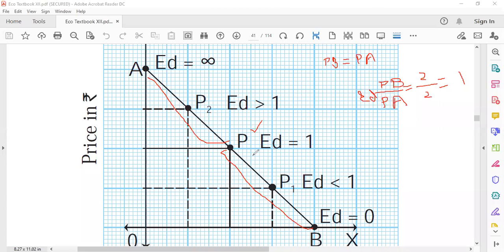Now, let us say that we select one more point. Now, point P2 is on the demand curve. Now, here, point P2 is closer to the y-axis. अभी point P2 y-axis के close है. Now, this point P2 gives us the two segment over here.